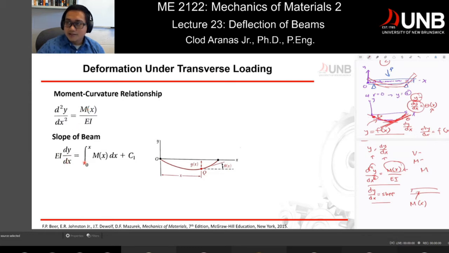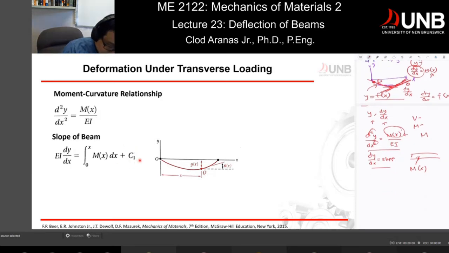This equation here is now under the integral, and of course EI you already transferred to the left side, so you have Mx dx from 0 to x plus C1. Now you have a constant of integration whenever you integrate, so we're going to put here plus C1 for now. So from d squared y over dx squared, we have Mx over EI.